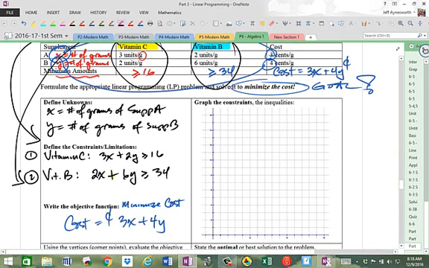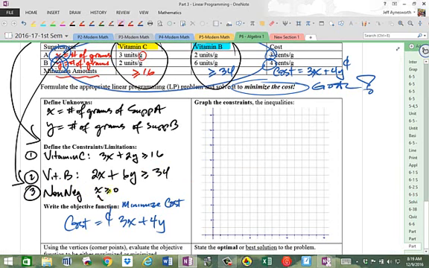Let's write down our non-negative constraints. x has to be positive or 0, and y has to be positive or 0. They can't be negative. You can't have negative grams of supplement A or B. It doesn't make any sense. We call that non-negative.